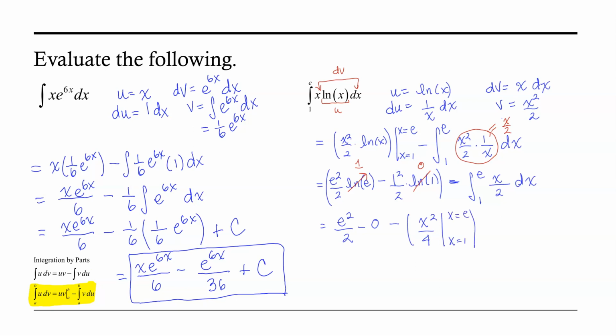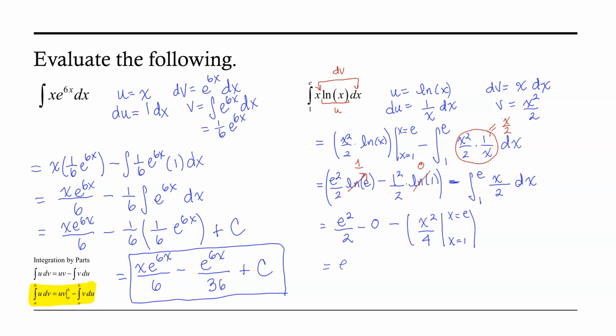I do want you to notice that I put this in parentheses, so when I do that evaluation, I am reminded that this subtraction here in front of that definite integral is applied to the result of that integration process. So at this point we can go ahead and substitute in for that last integral.